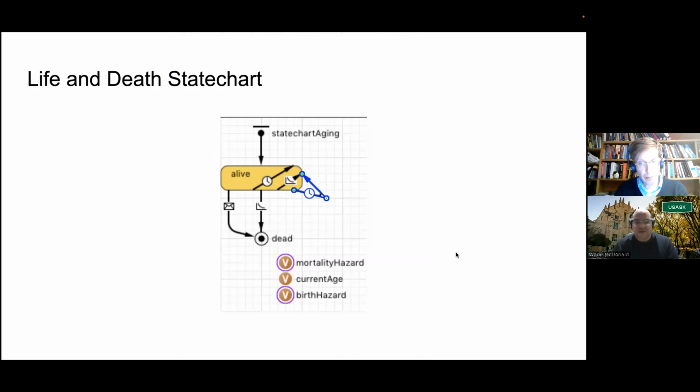Life and death is handled by another state chart in this model. A person is alive for the duration of their lifetime. Certain events happen during their life, represented by these arrows within the alive state. This is an AnyLogic specific construct, but it updates information periodically while they're alive.